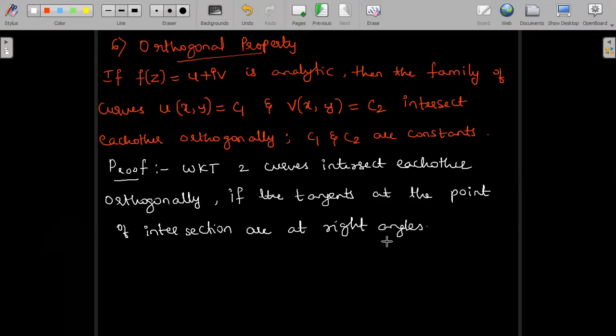See, when we draw some curves, we cannot say the curves intersect orthogonally directly. We need to say that the tangents at the point of intersection are at right angles, are at 90 degree.